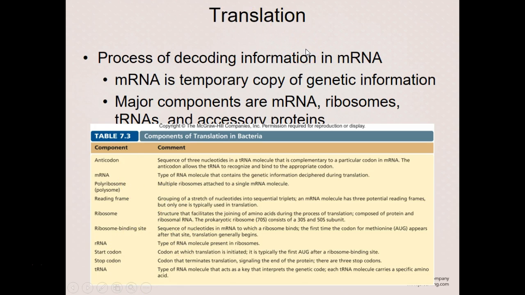So we've transcribed our DNA into messenger RNA. And when I think of transcription, I always think of transcribing from one language to another. So our DNA is this really important material that our cells can't use. It's super awesome, but nothing can read it.